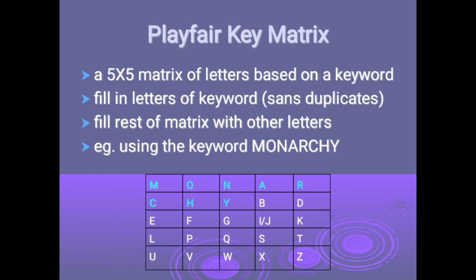In Playfair we have a key matrix, a 5 cross 5 matrix of letters based on the keyword. Fill the letters of the keyword in the 5 cross 5 matrix, then fill the rest of the matrix with the other letters. For example, if our keyword is MONARCHY, we write MONARCHY, and then see how many rows and columns are pending.